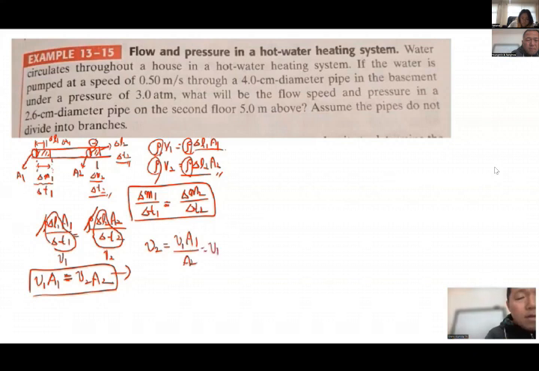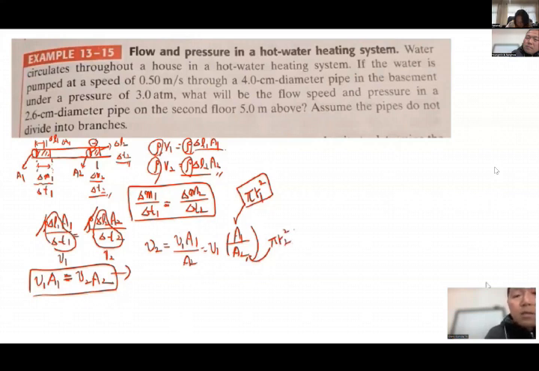The area is a function of the radius R of the pipe, pi R squared.